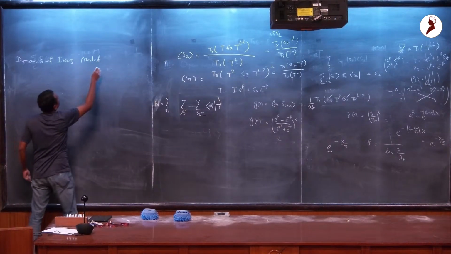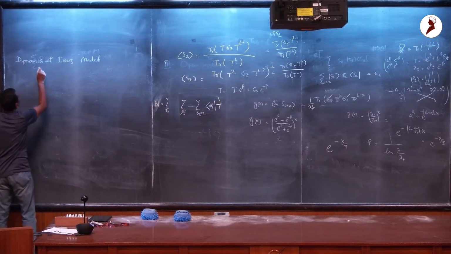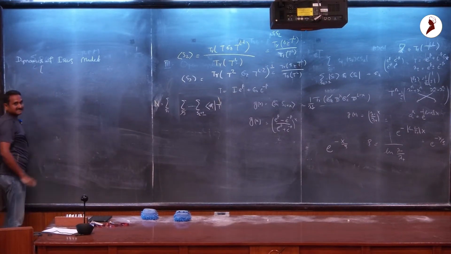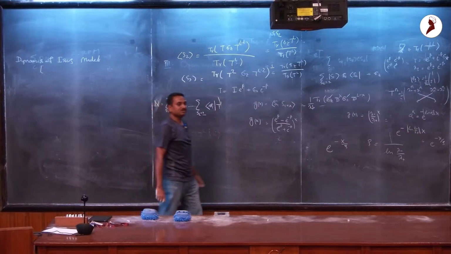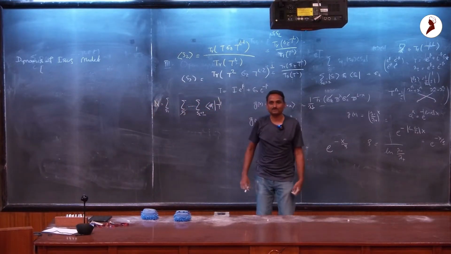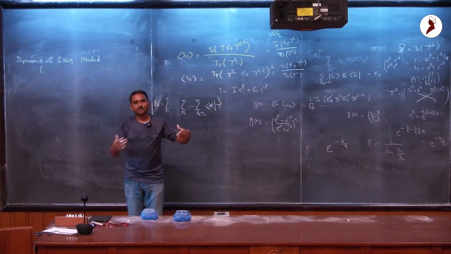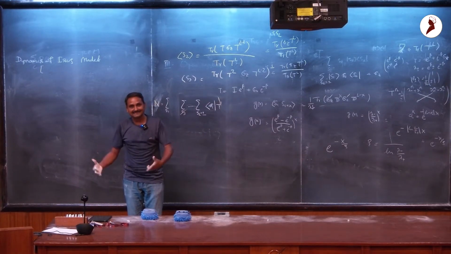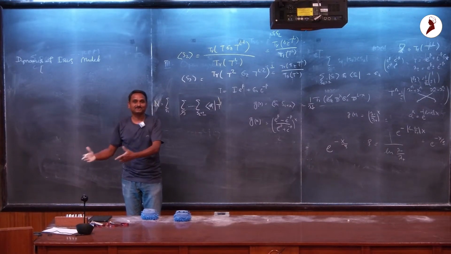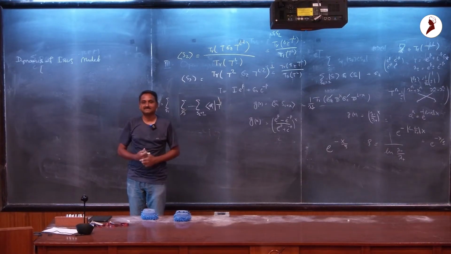The Ising model is an example, but generally, what is the equilibrium dynamics? Whenever you talk of a Hamiltonian and say the system is at temperature T, what kind of dynamics can lead any arbitrary configuration to the equilibrium state?